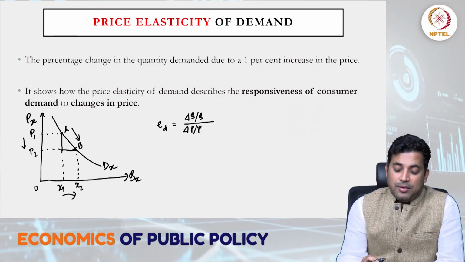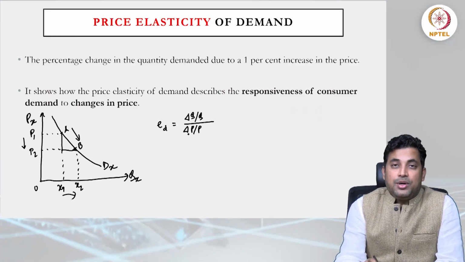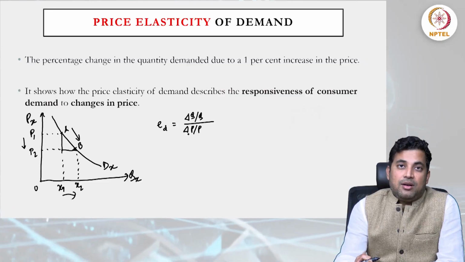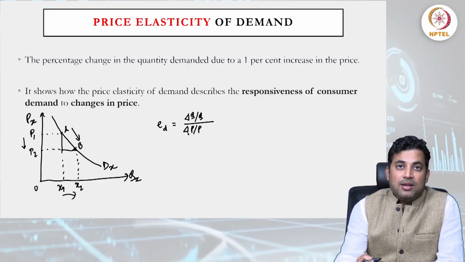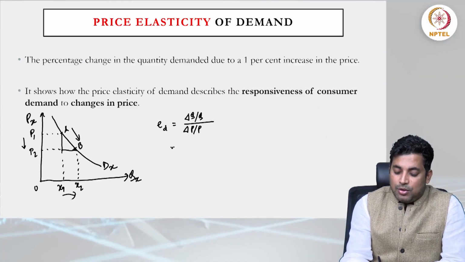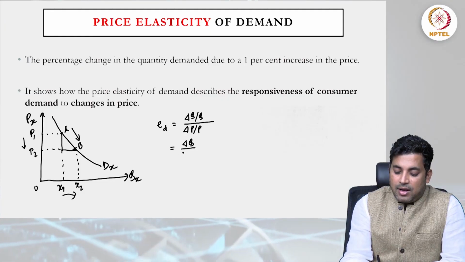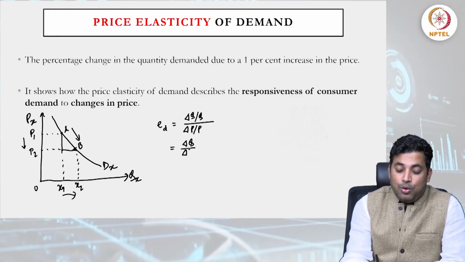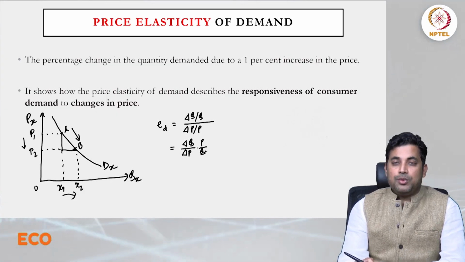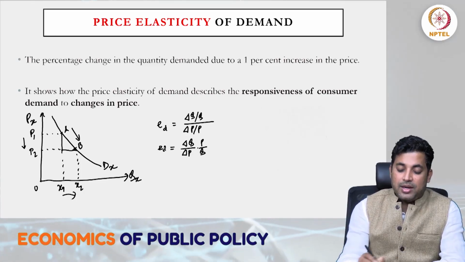So we can also write it as delta Q by Q over delta P by P. This is how we write price elasticity.